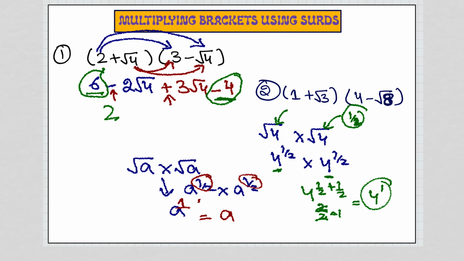What we're going to do is 3 minus 2. 3 minus 2 is 1. So you don't need to write 1. You're just going to write plus root 4 as your answer.